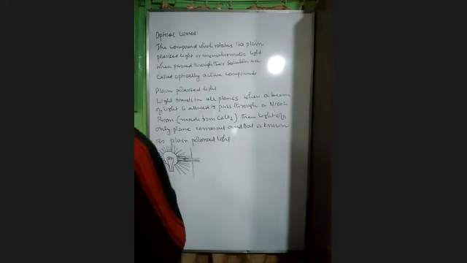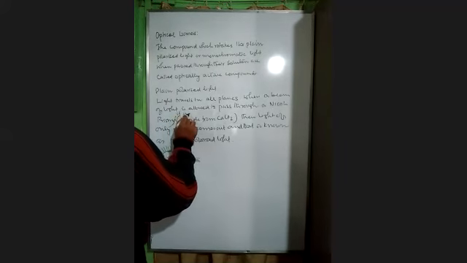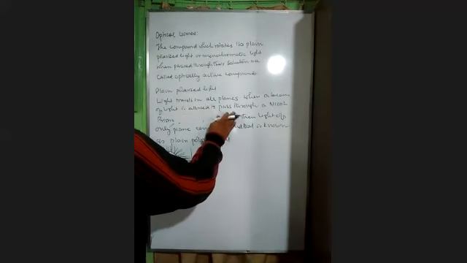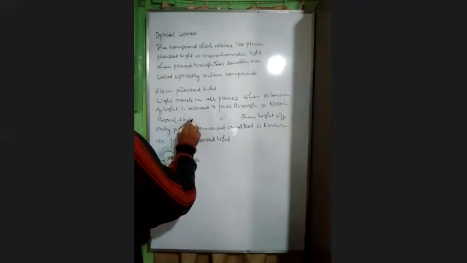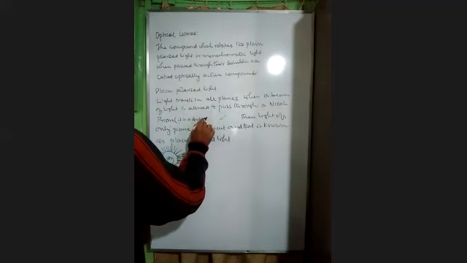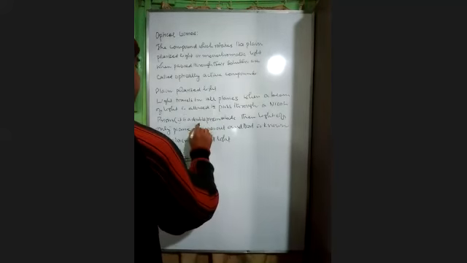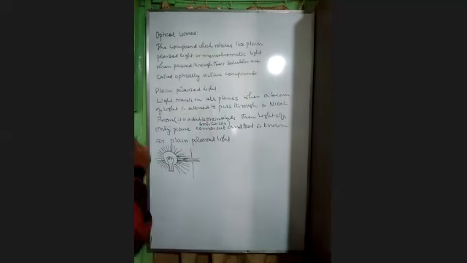Now, what is a nicol prism? Here I'll put a comma and write: it is a double prism made from calcium carbonate.